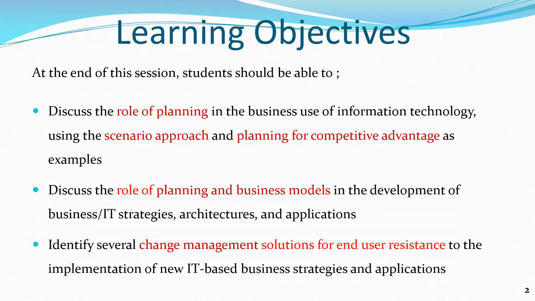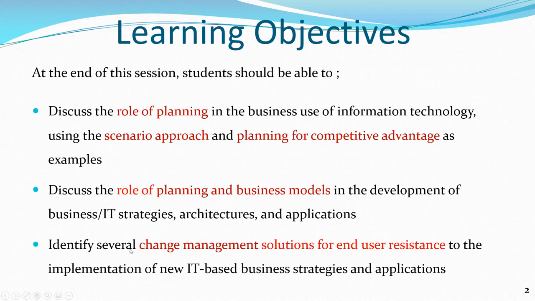We discussed the role of planning in the business use of information technology. We discussed the scenario approach and planning for competitive advantage as examples, and different other planning roles, planning business models, and the different applications and architectures relevant to that.